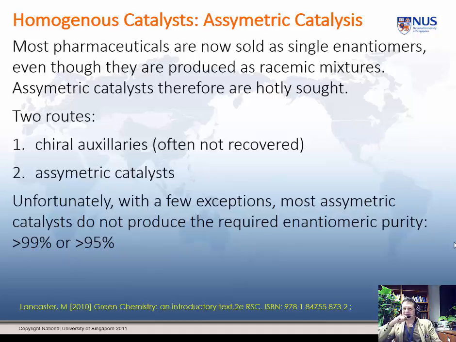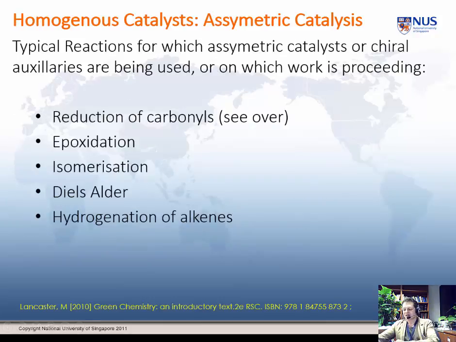There are a few exceptions, but most asymmetric catalysts do not yet produce the required 99% or 95% enantiomeric purity. But nonetheless, they are beginning to be used and beginning to be better used as the catalysts are improved.